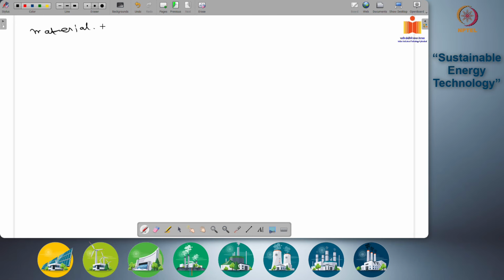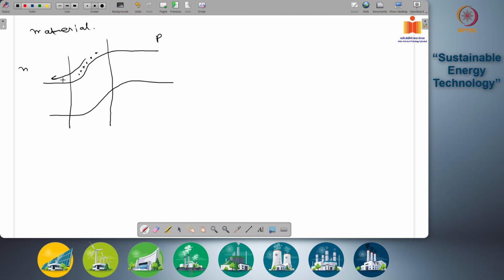So if you think of your basic N-type and P-type semiconductor system, you have something like this. This side is your N-type, this side is your P-type, and this is your depletion zone or space charge region, and your electrons are being generated here and moving this way, and your holes are being generated here and moving this way.